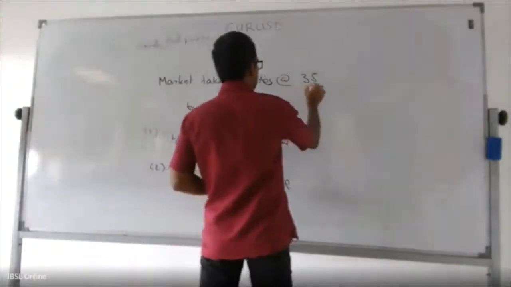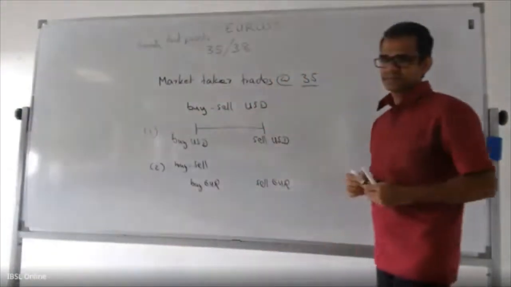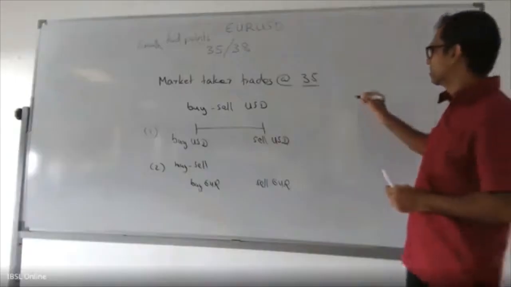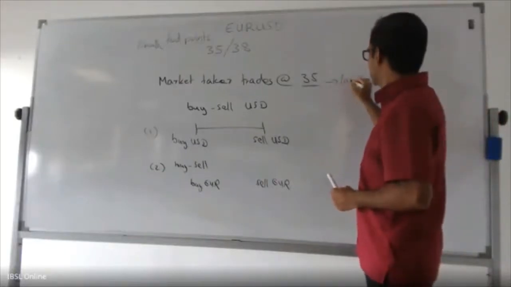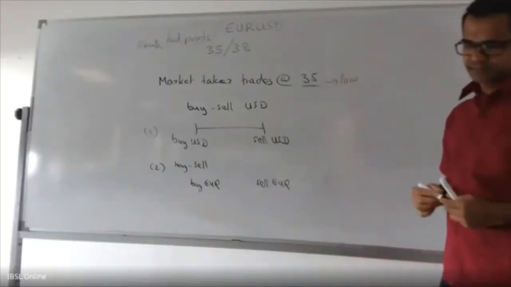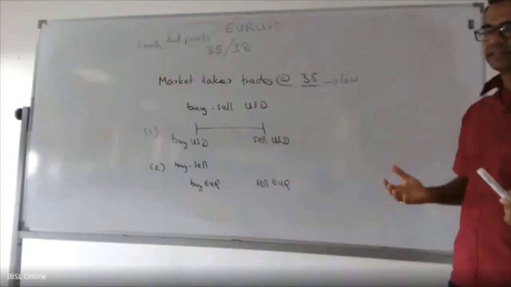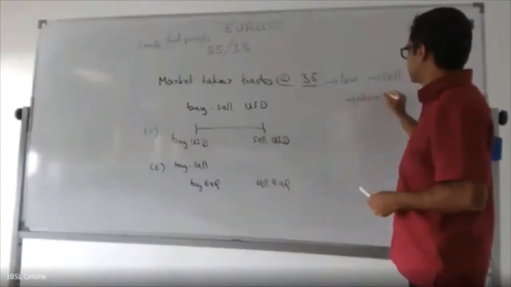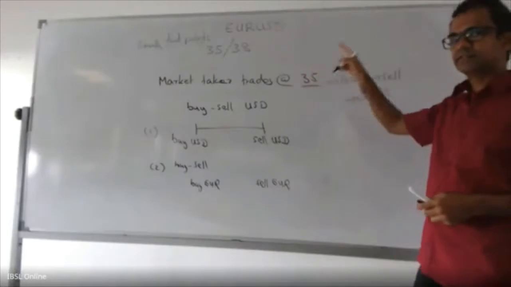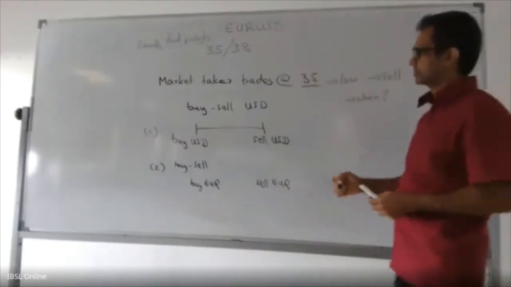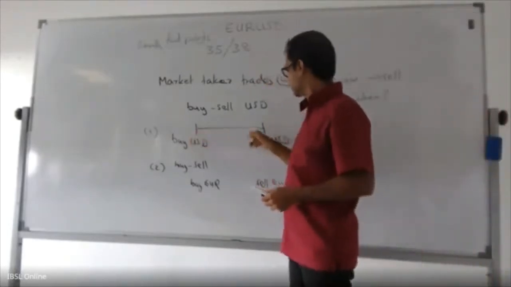Is it the low price or the high price? Low price. At the low price, what do you do as a market taker? Sell. Then the question is when? Near leg or the far leg? You sell here or you sell here? Near leg sell.